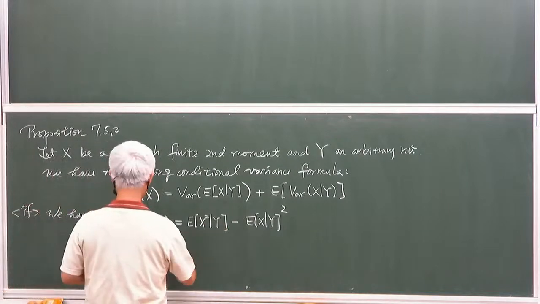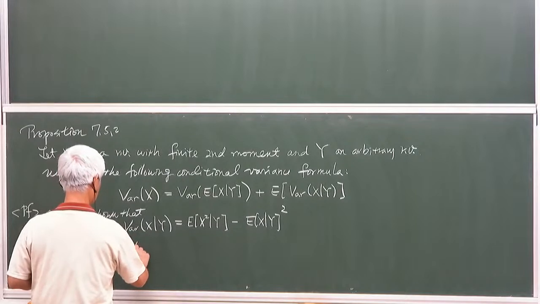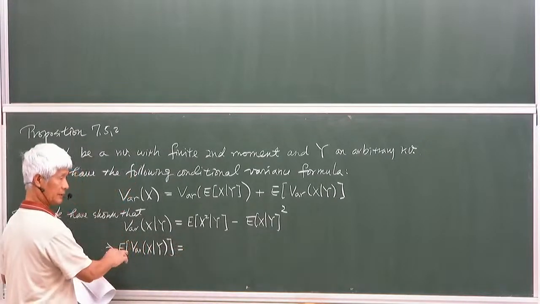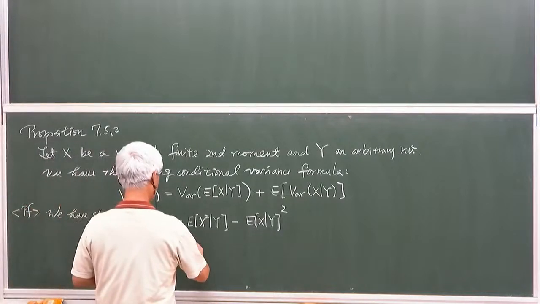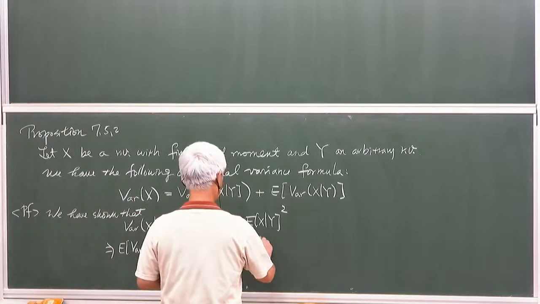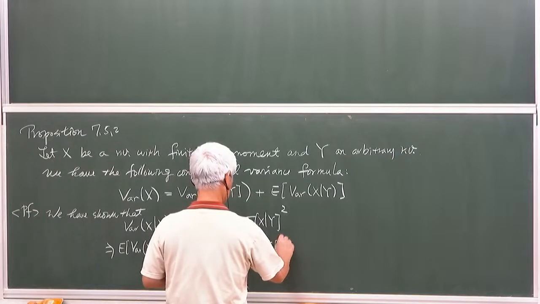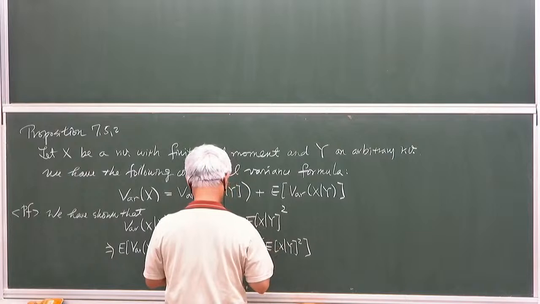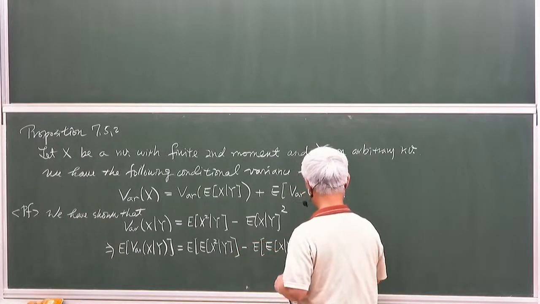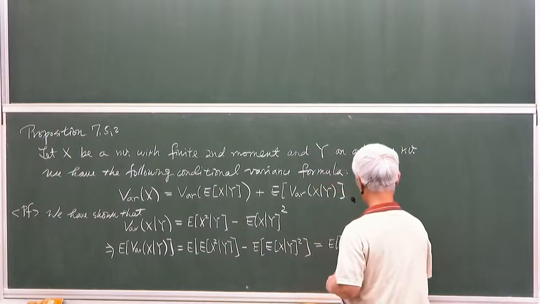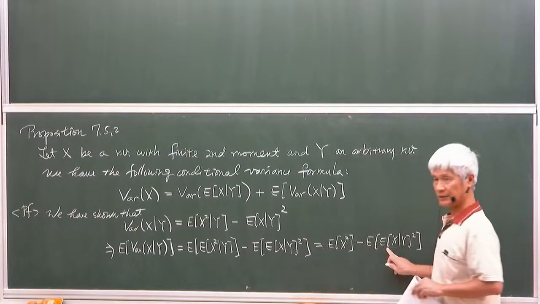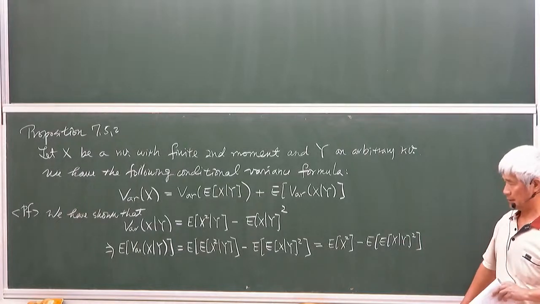And so when we take the expectation of the conditional variance of X given Y, then it is the expectation of X squared minus the expectation of the square of the conditional expectation of X given Y. So this is the first case.